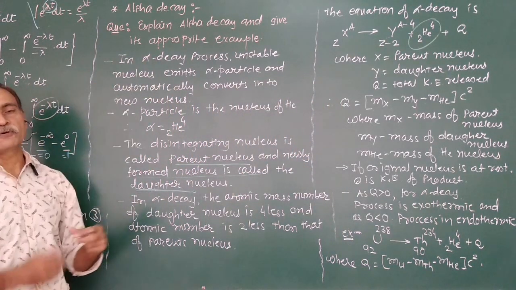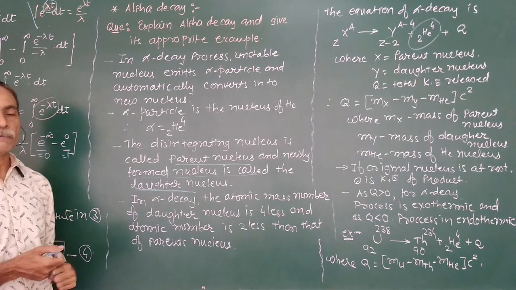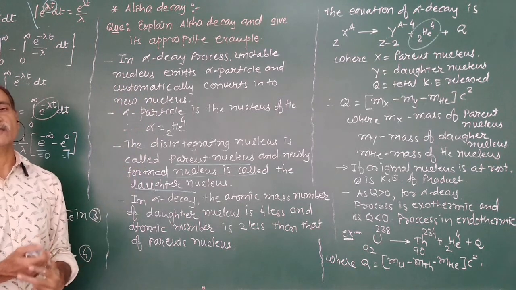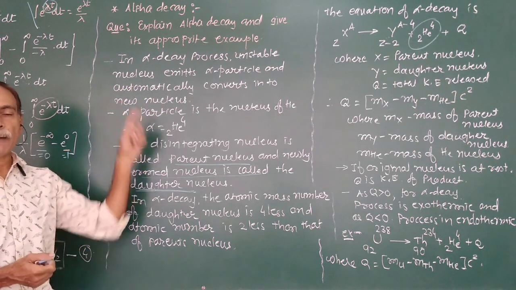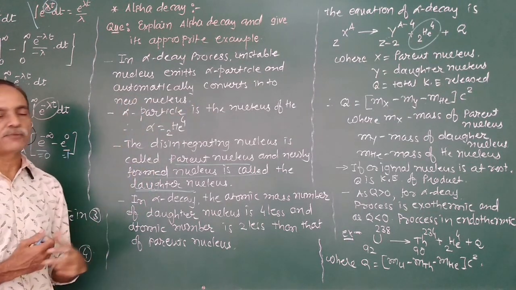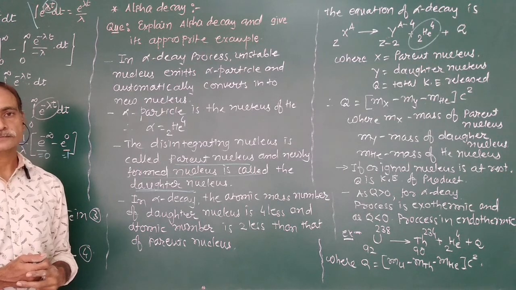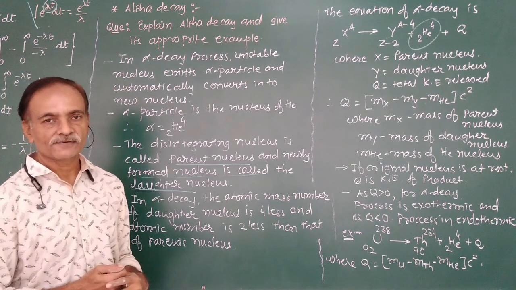Again, the alpha decay. In the alpha decay process, the unstable nucleus emits an alpha particle and automatically converts into a new nucleus. The alpha particle is the nucleus of helium, therefore alpha is equal to 2He4. Now the heavy nucleus disintegrates itself, right?